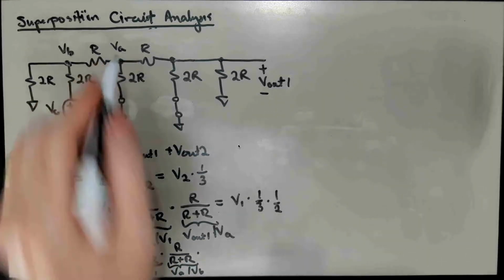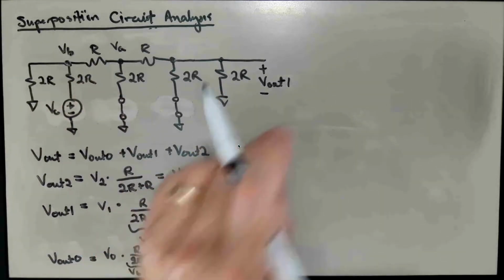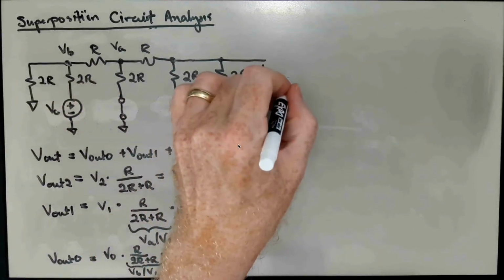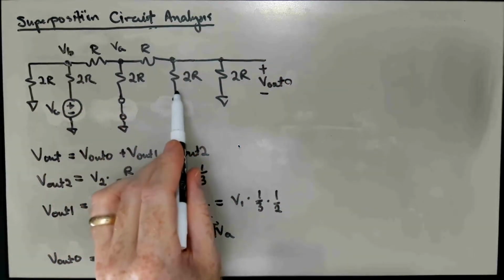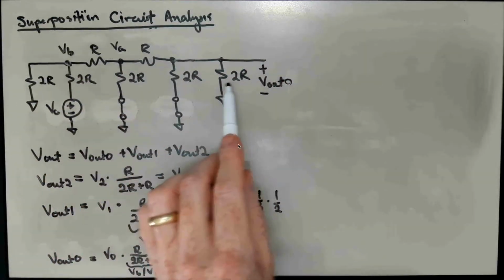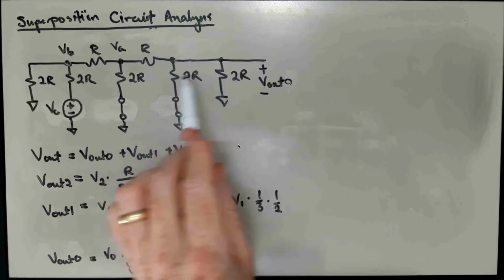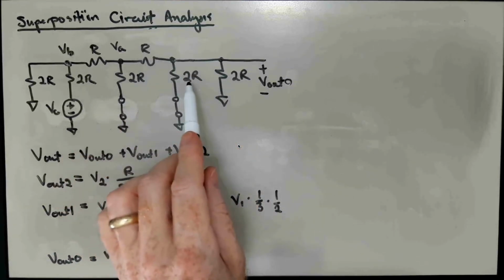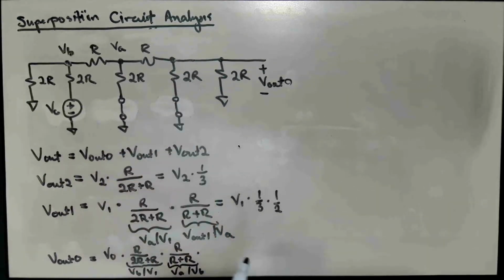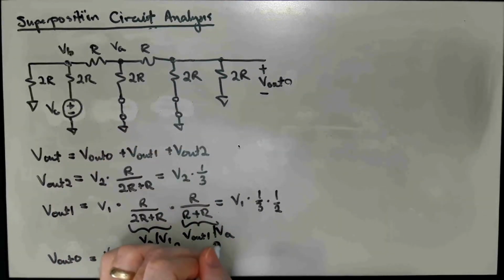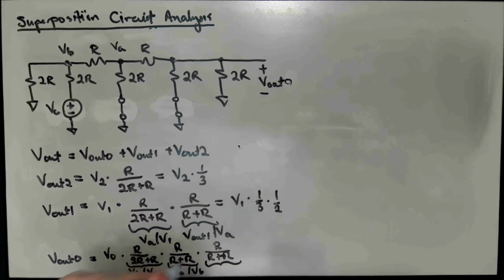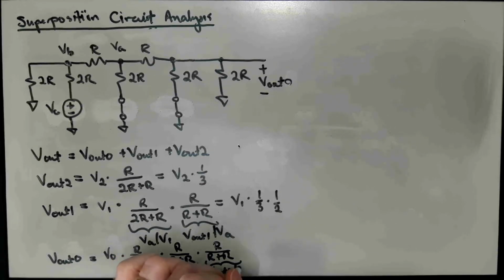And then once we have VA, we again can get Vout, in this case it's Vout0, as again a simple two-way voltage divider, where we lump the 2R in parallel with 2R as a single R. We have R in series with R, and we have our two-way voltage divider ratio of 1/2, R over R plus R. And this is Vout0 over VA.